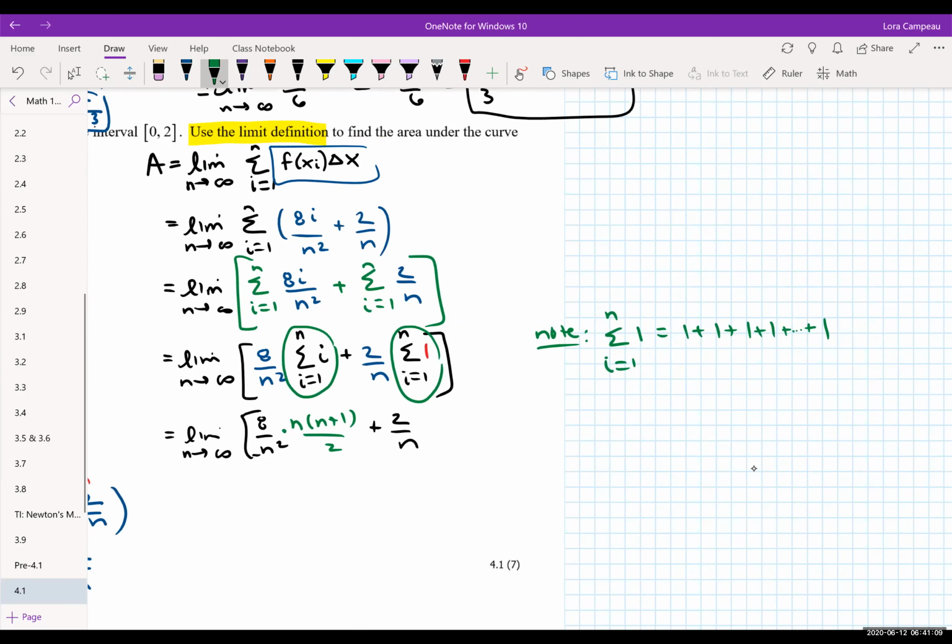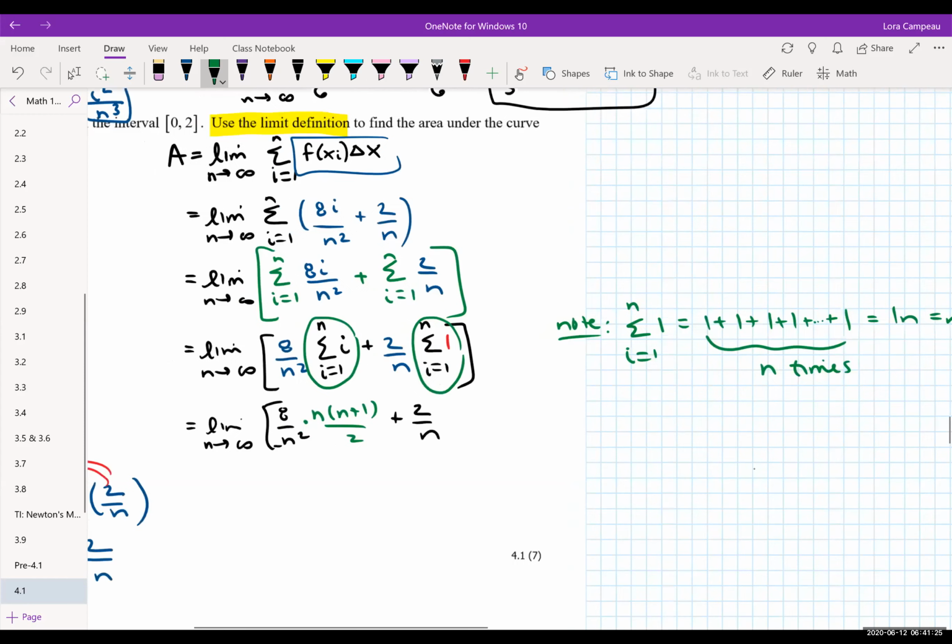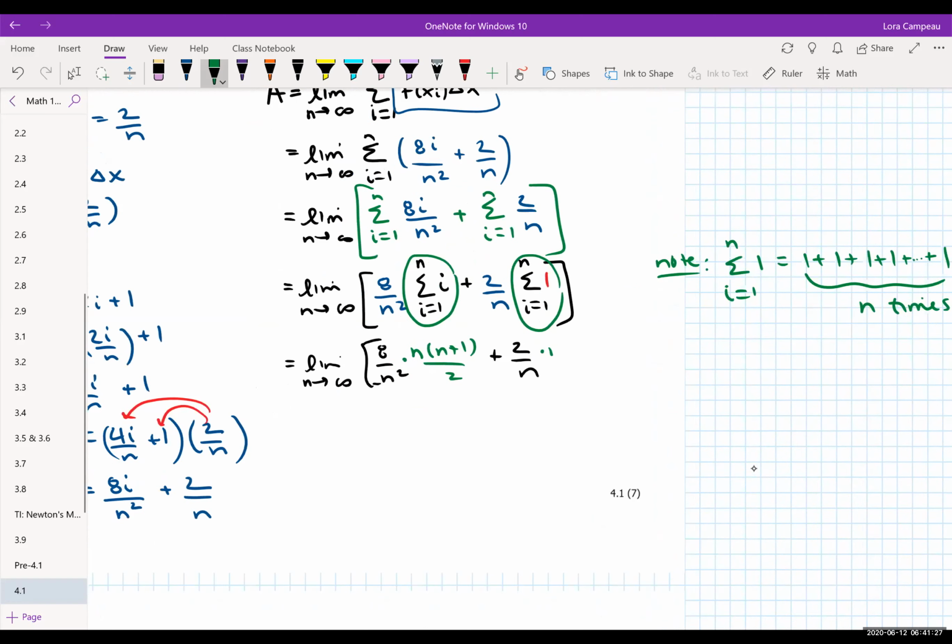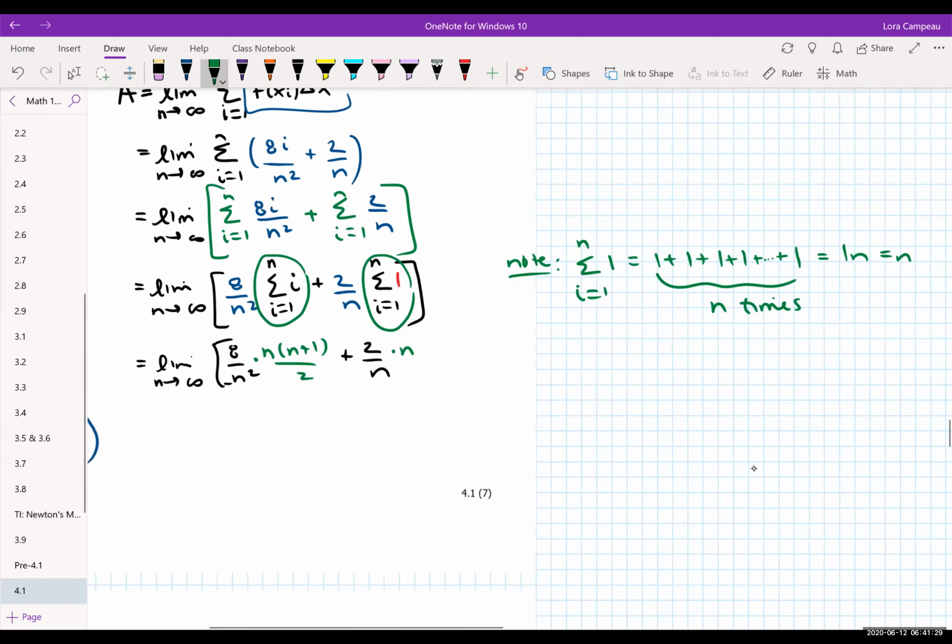So if this is n times, when you add up all those 1's n times, repeated addition gives us 1 times n, or just n. So now I can replace that with just an n.